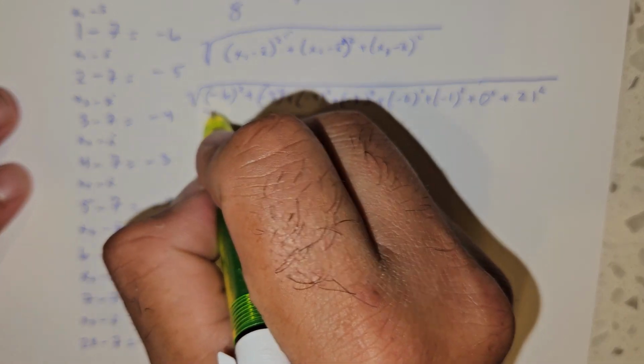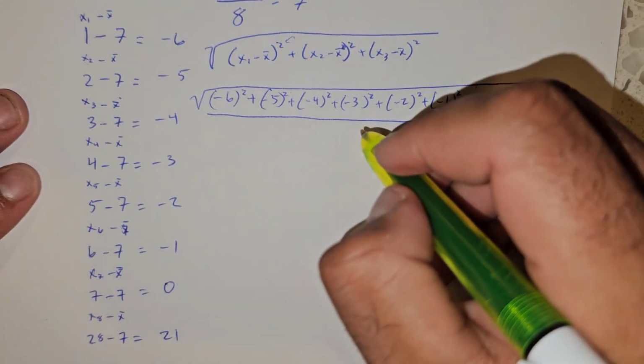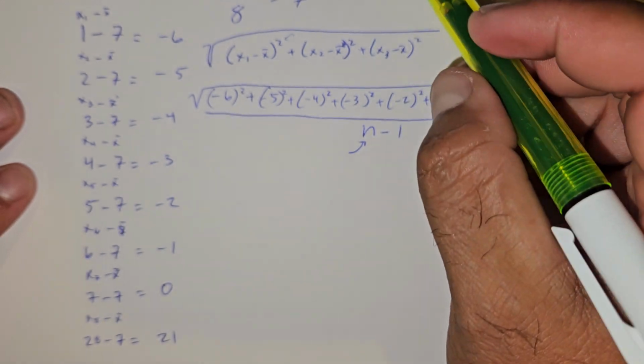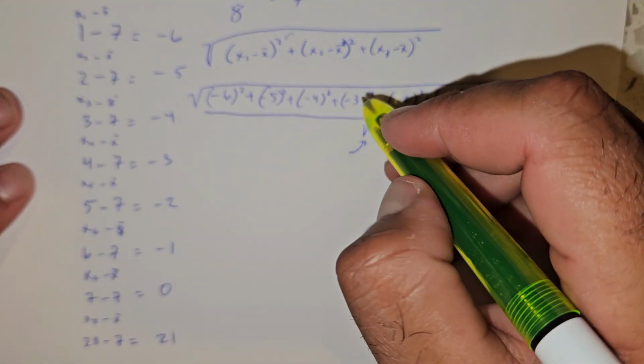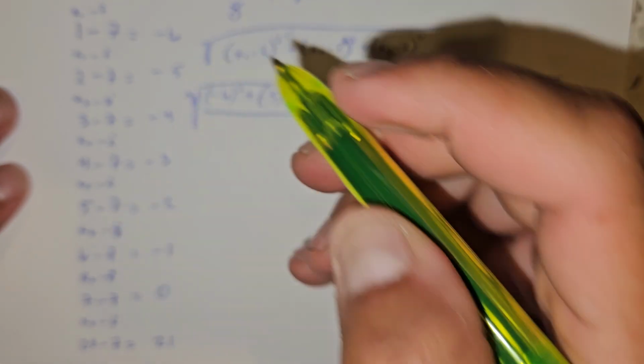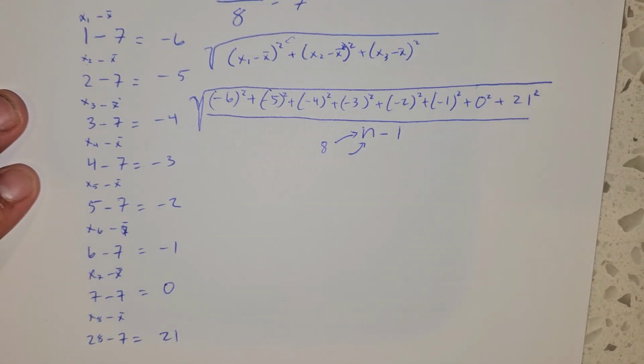We're going to divide all of this by n minus 1, our n being 8, so it would be 8 minus 1. We'll continue with the next one in black.